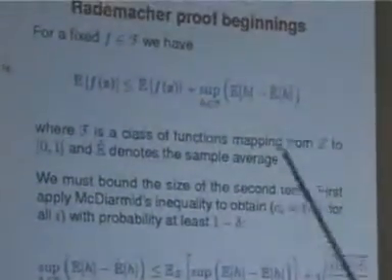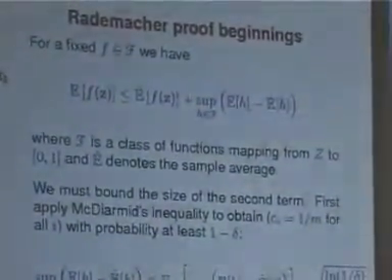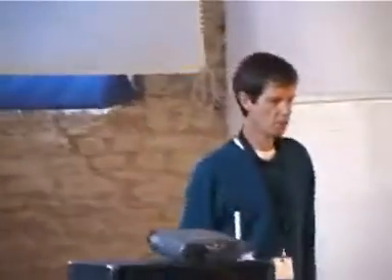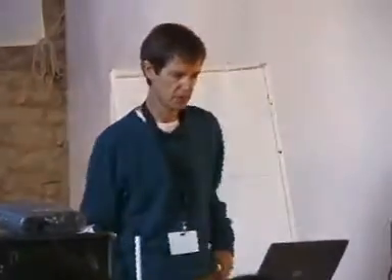So this is a very trivial estimation, and this was the point I was making, that in the Rademacher case, we don't consider the particular function given by our learning algorithm. We make the inferences for all functions in the function class.